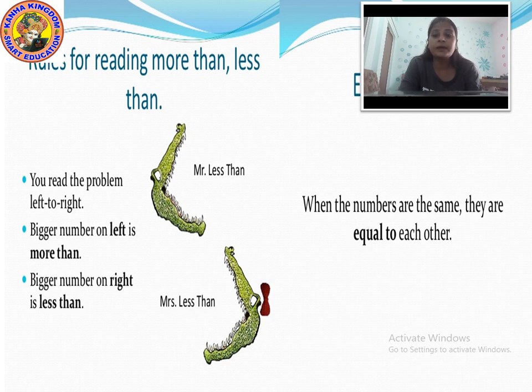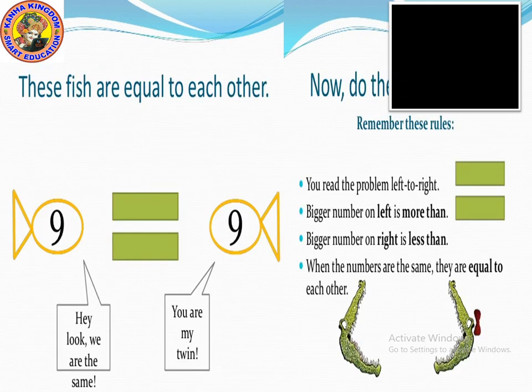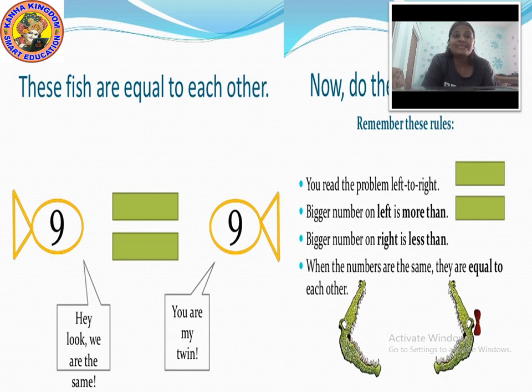Okay, bigger number on left is more than, and bigger number on right is less than. These fish are equal to each other.